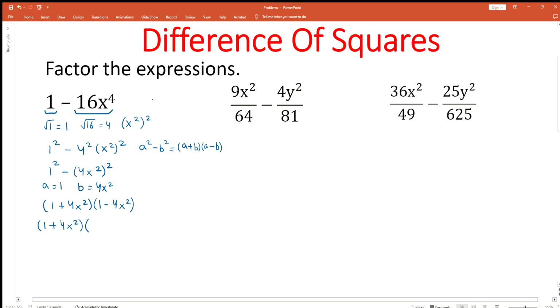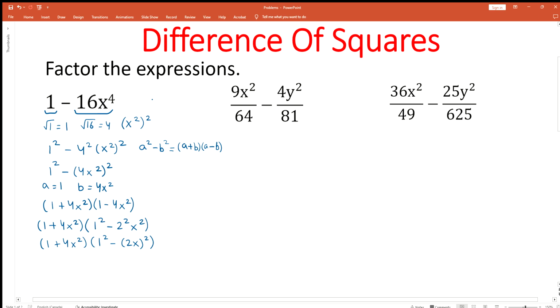We can write 1 as 1 squared. 4 can be written as 2 squared. Next, we can write 2 and x together in parentheses and put the square on the parentheses. Now we can use the difference of squares factoring method again for 1 squared minus 2x squared.